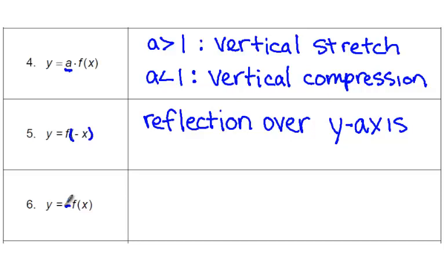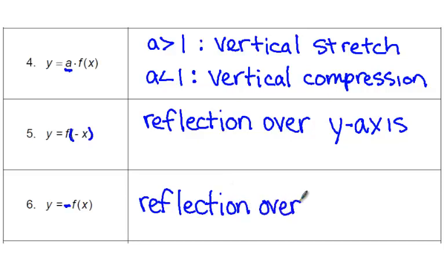When the negative is outside, that's a reflection over the x-axis. Okay? Whoops, I put accent, should have been axis.